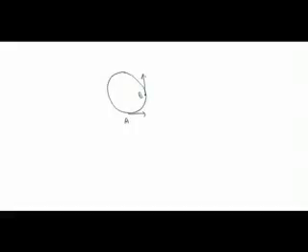Now the centripetal acceleration acting on the object is always directed towards the center. This is the direction of centripetal acceleration at point A, and at point B the direction is this. So this is the direction of centripetal acceleration, and this is the direction of velocity.